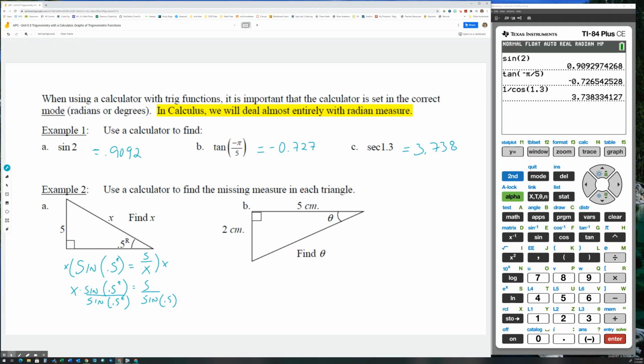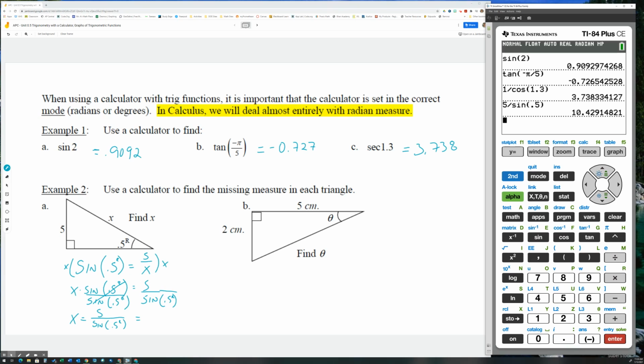I'll rewrite that so it becomes a little clearer: x is equal to 5 divided by sine of 0.5 r. When we plug it into our calculator, that's 5 divided by sine of 0.5, close our parenthesis.